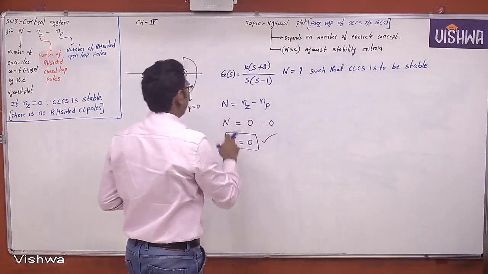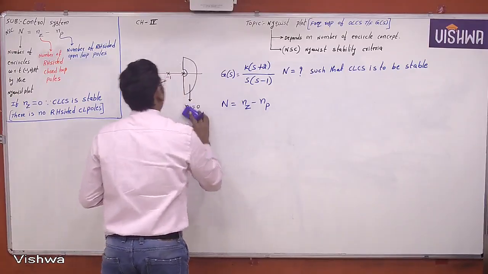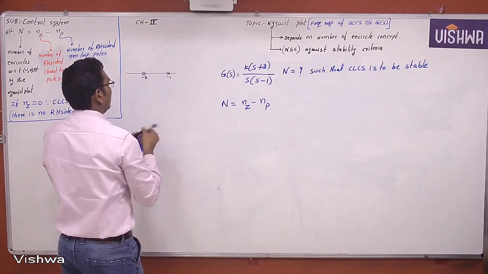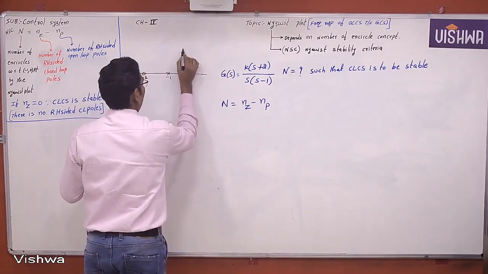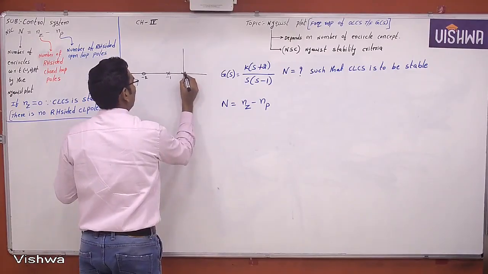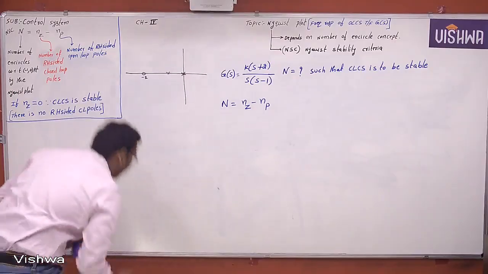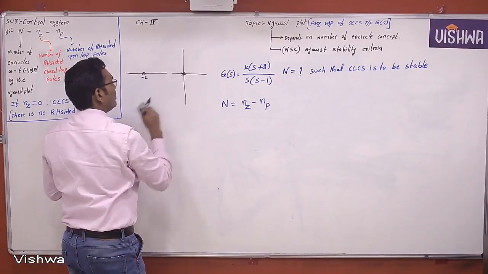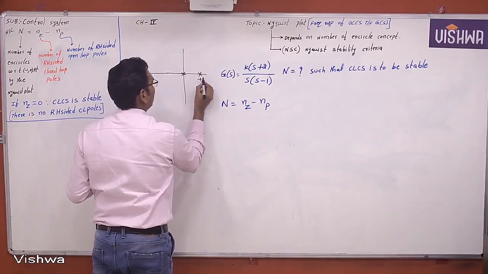N equal to NZ minus NP. NP means the number of right hand sided open loop poles. Is there any right hand sided open loop pole or not? You can cross check. One pole is at origin, one zero is at -2 and one pole is at +1.